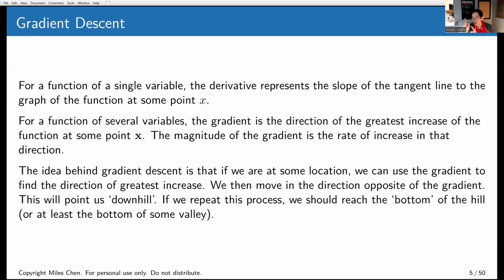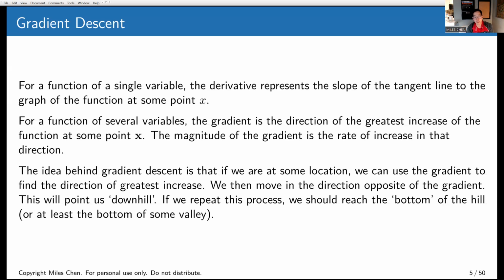I ask which way is uphill, and I take a step in the opposite direction, so that moves me downhill. Then after I take a step, I ask again which way is uphill. Every iteration I take a step, and I just keep repeating this over and over, and eventually I will reach the bottom.